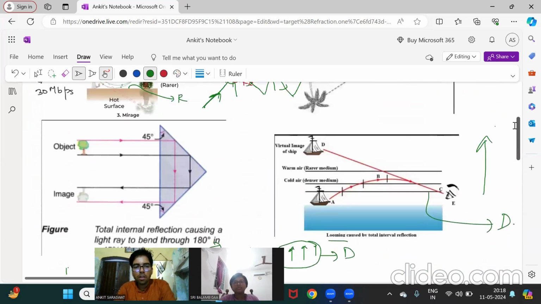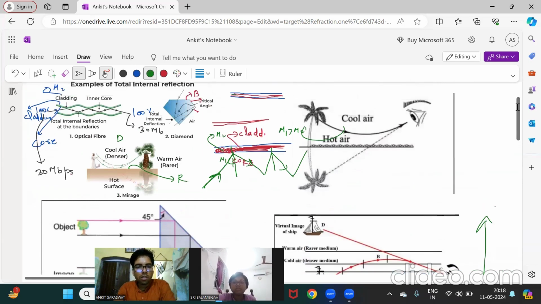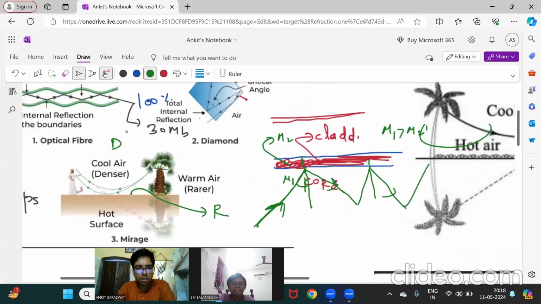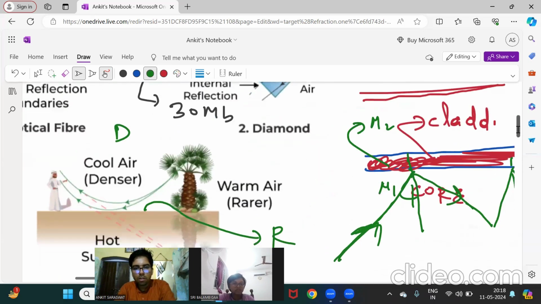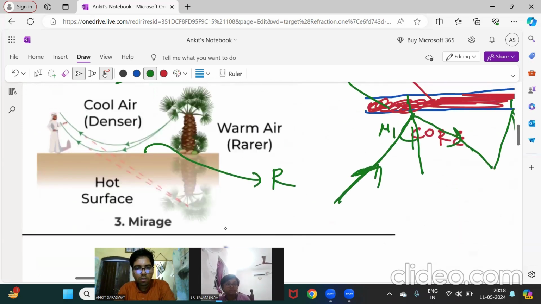Clear? Now see this picture. Is it visible? Yes, sir. You can see this coconut or whatever tree it is. Cooler air, cool air, hot surface. Clear? So light is coming from the tree.